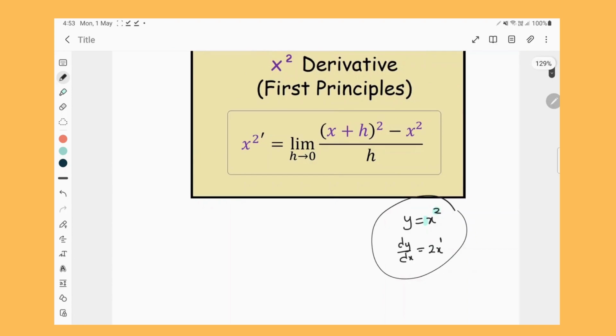Okay. You have to prove this. If you differentiate this term, you get 2x using first principles. Can you see I have written an equation here? Limits of h going to 0.